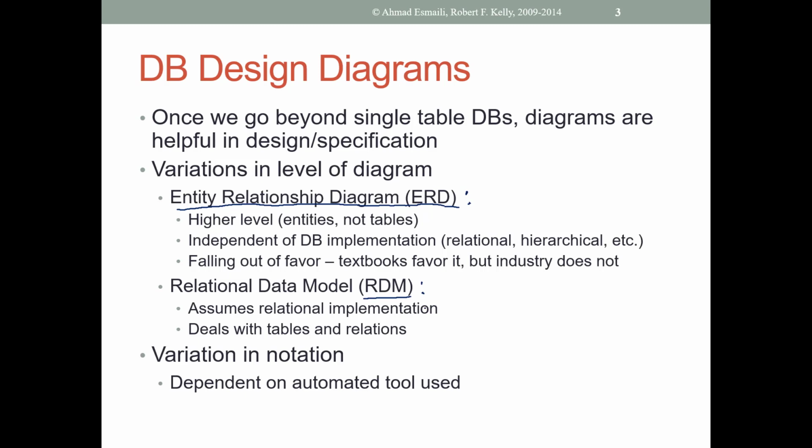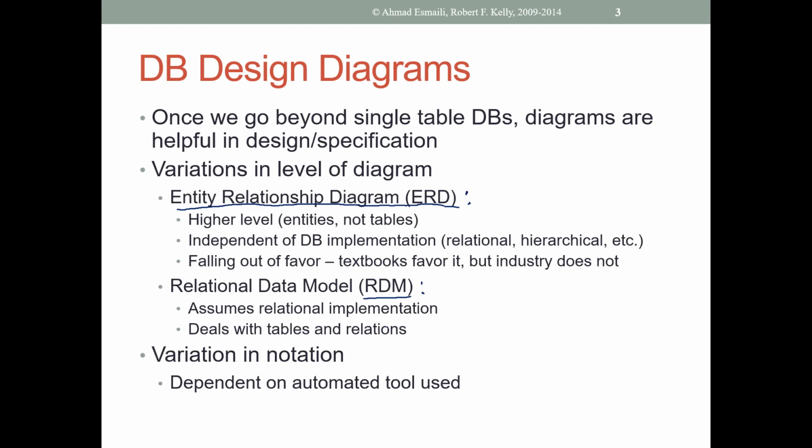How is this relational data model different from ER diagram? Here, these relational data models are created with the assumption that ultimately we have to implement our database in relational model, right?